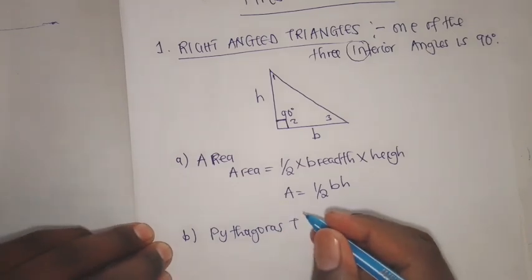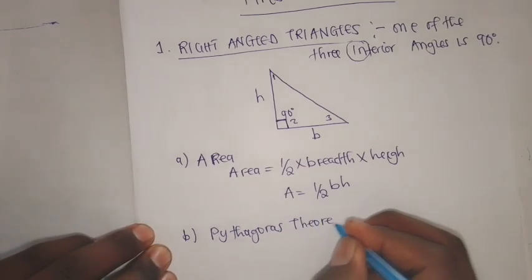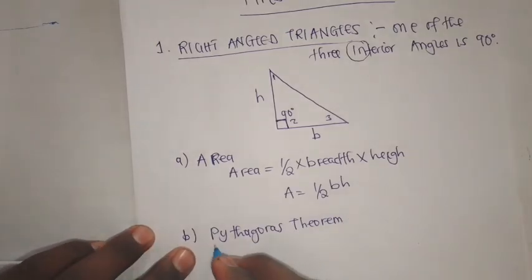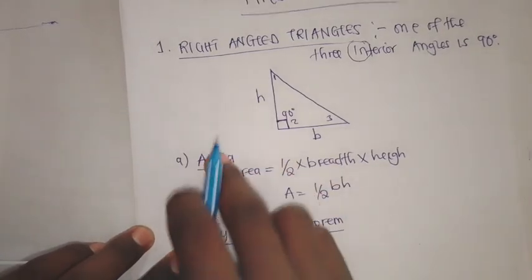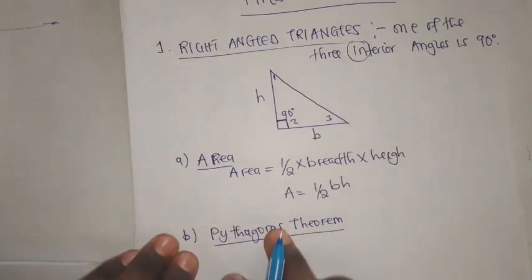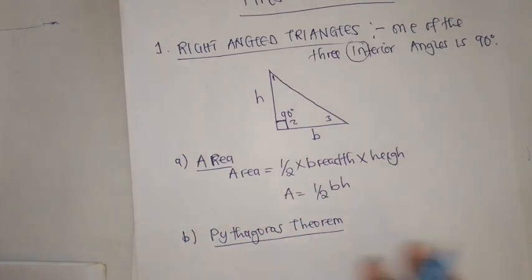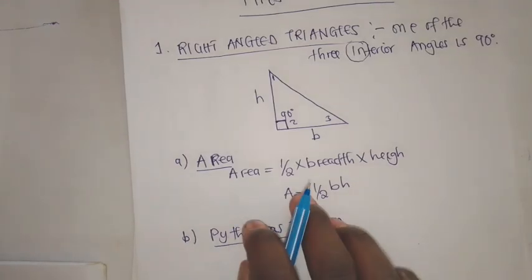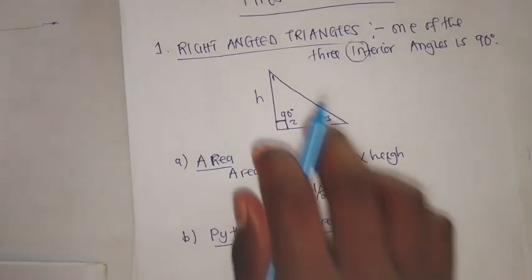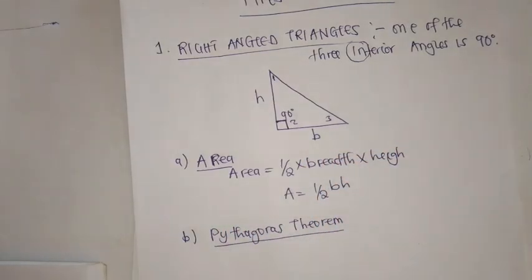We've talked about the area, so now let's talk about how we deal with Pythagoras theorem under the right-angled triangles. By the way, the Pythagoras theorem only applies to right-angled triangles. Take note.